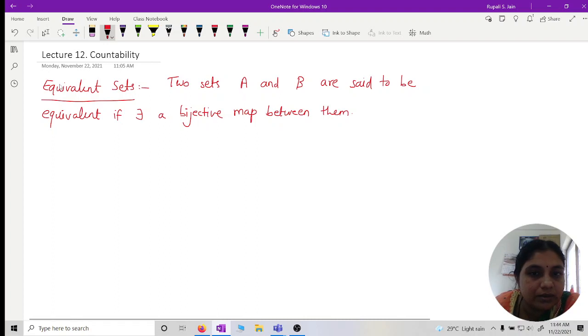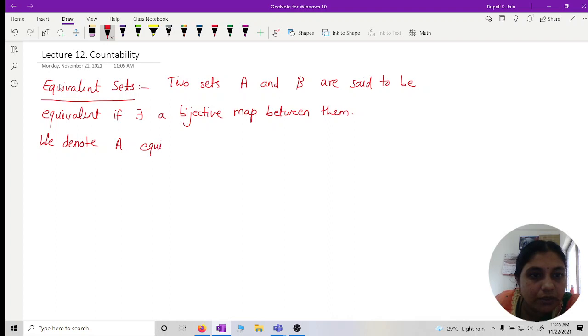So clearly, note: we denote A equivalent to B by the notation tilde, A ~ B. Okay, this is the notation.